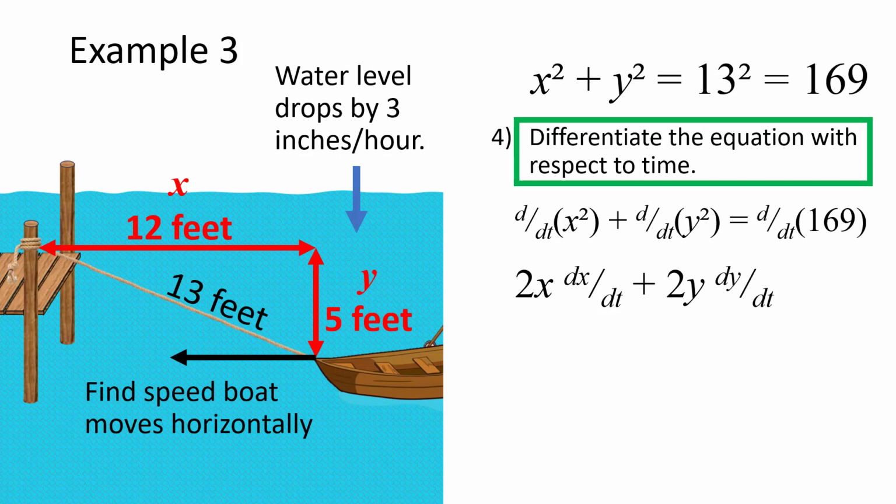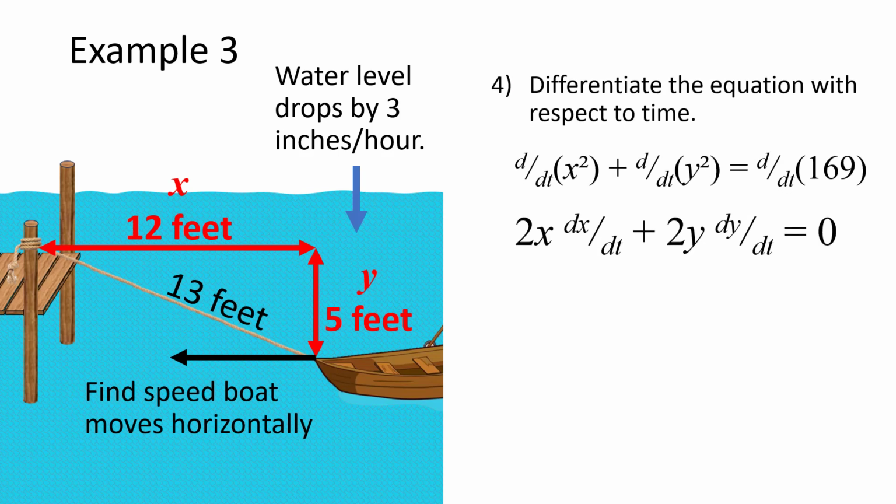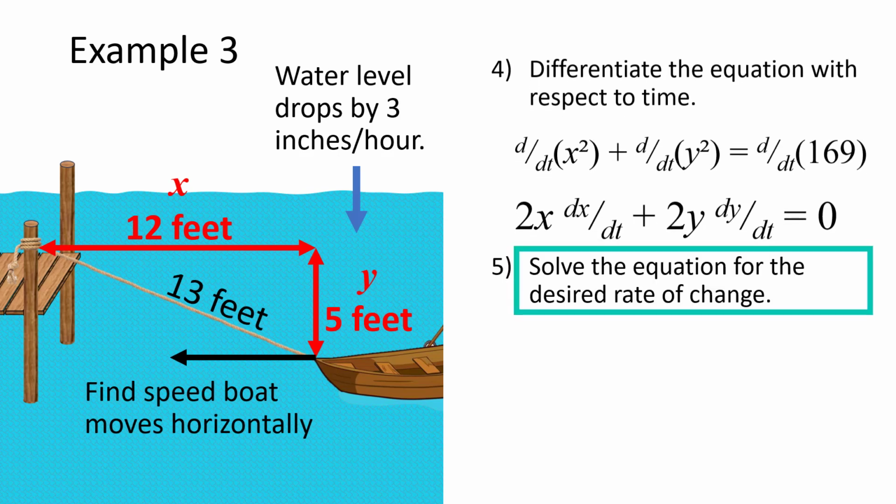On the other side of the equal sign, we need the derivative of 169. The derivative is the rate of change. Constants do not change, so their rate of change is 0. Next, we solve for the thing we were asked to find. The question asked, how rapidly is the boat moving horizontally toward the dock?